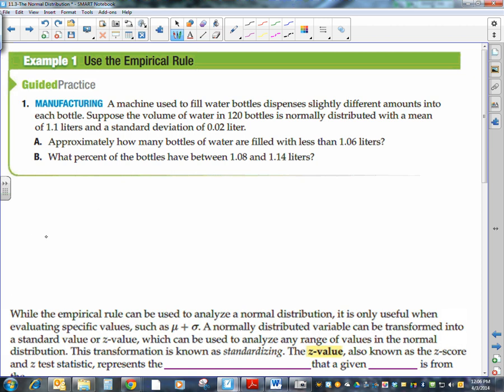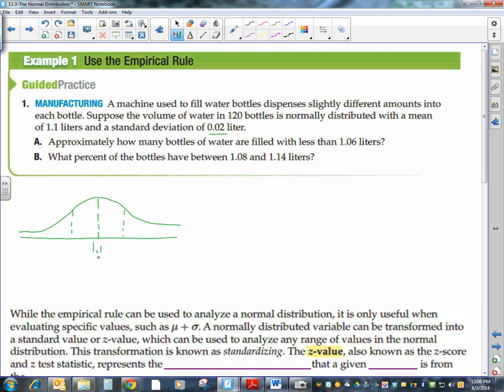So I like to look at the picture. So if we sketch our normal curve, the middle is your mean, and so our mean is 1.1 liters, okay? And then we know that if I go out one standard deviation of 0.02, then I'm going to add it.